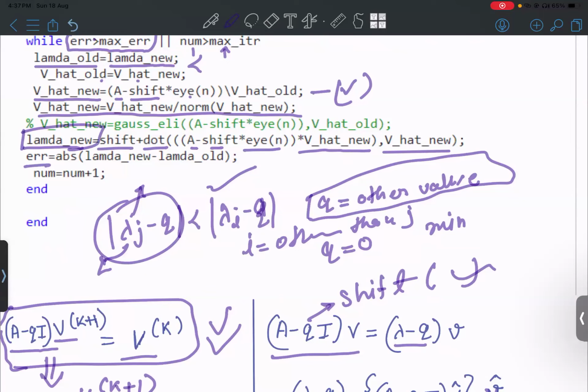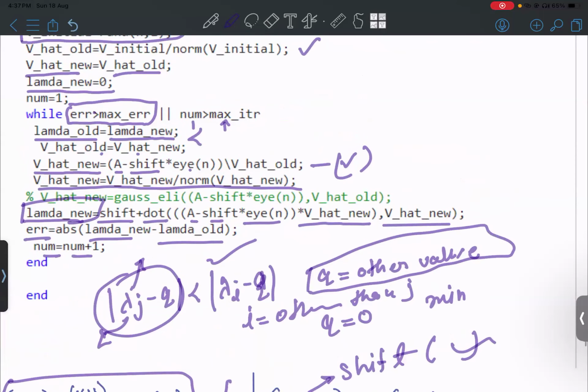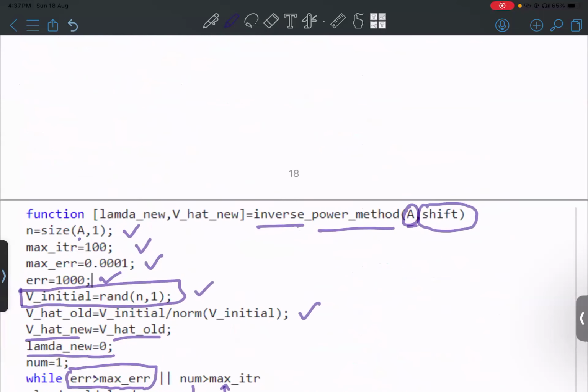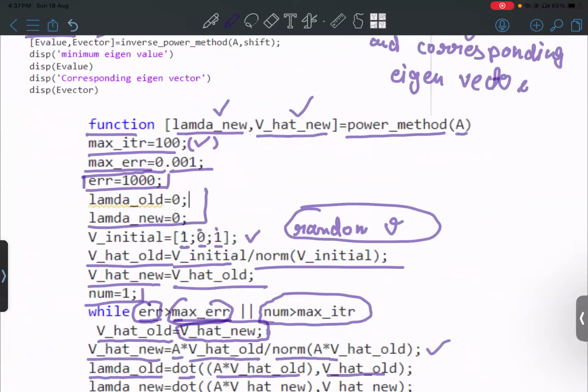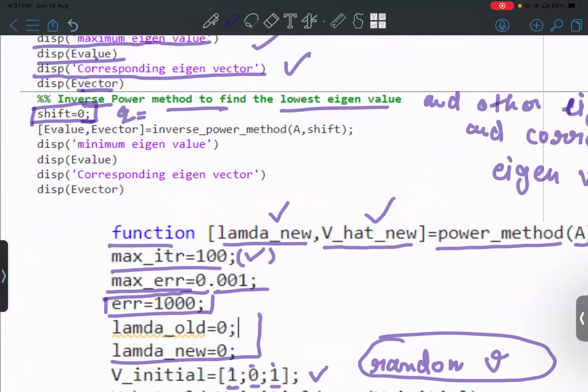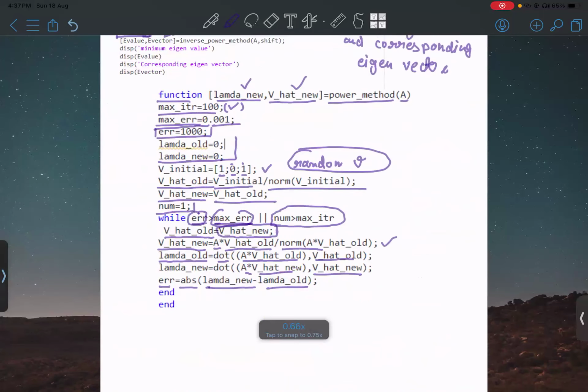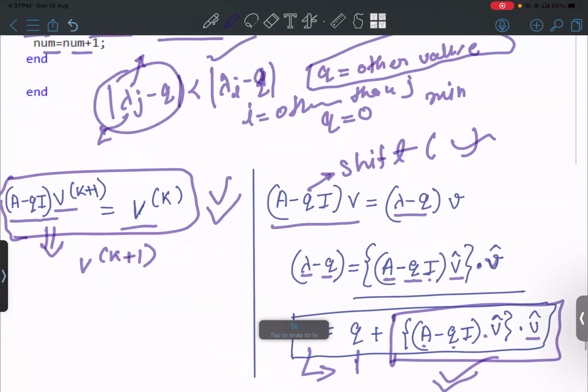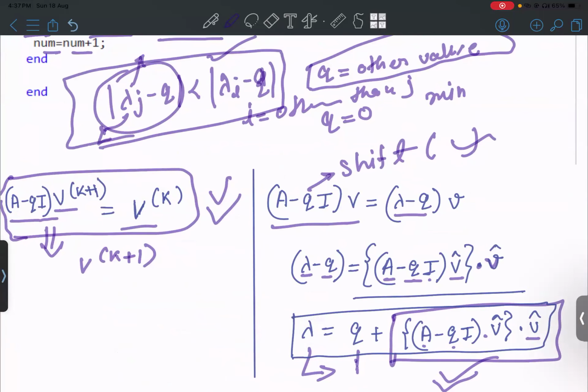Then I will find the error, lambda new minus lambda old. Then num equal to num plus 1. So whatever input I give in the main function, this is my main function, it will determine which condition it satisfies from this inequality, and corresponding to whichever is satisfied, it will find that eigenvalue and eigenvector.